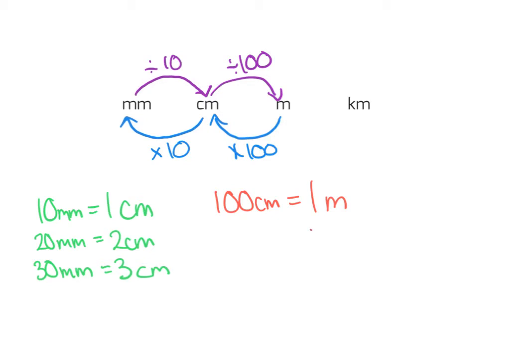So if I have 2 meters, it'd be fair to say that's 200 centimeters. If I have 3 meters, that would be, you guessed it, 300 centimeters. So from here to here, it's multiplying or dividing by 100.